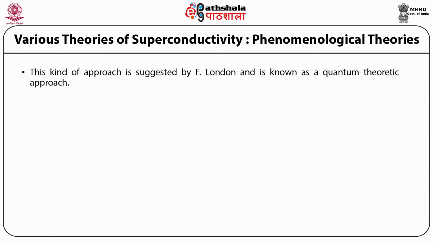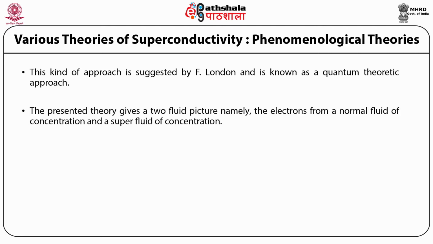This kind of approach is suggested by F. London and is known as a quantum theoretic approach. The presented theory gives a two-fluid picture, namely the electrons form a normal fluid of concentration n and a superfluid of concentration ns.